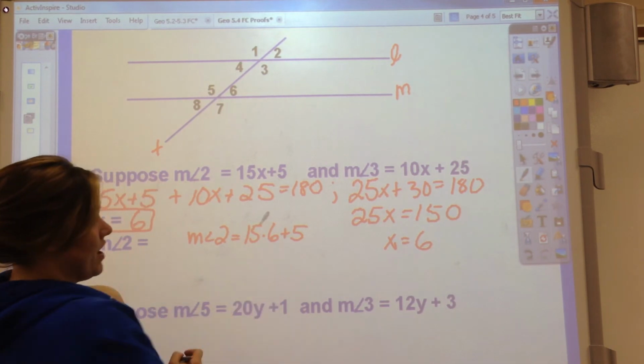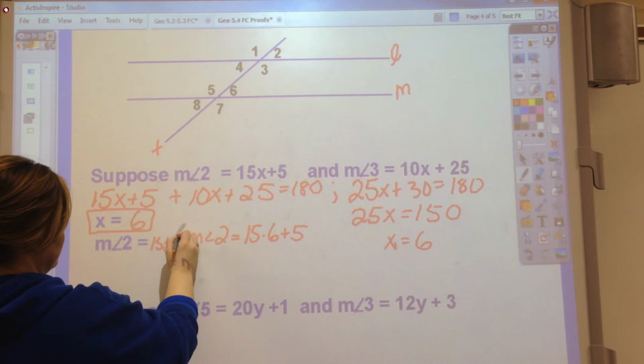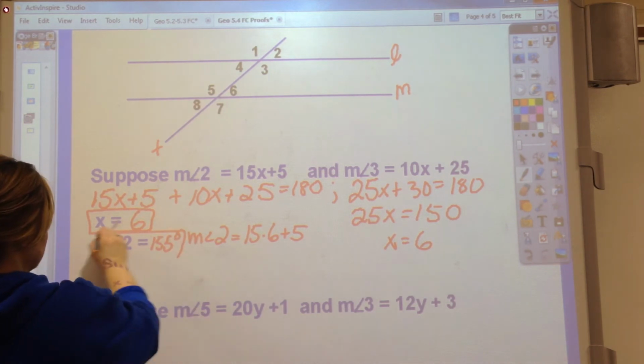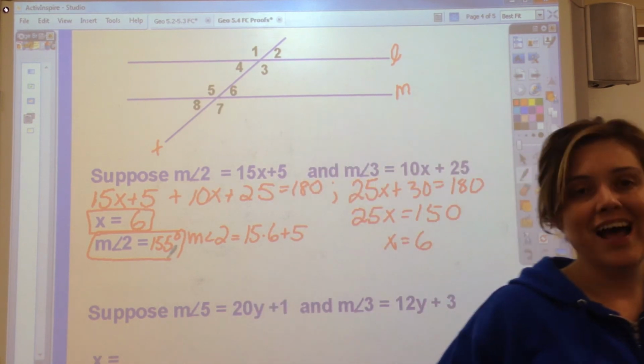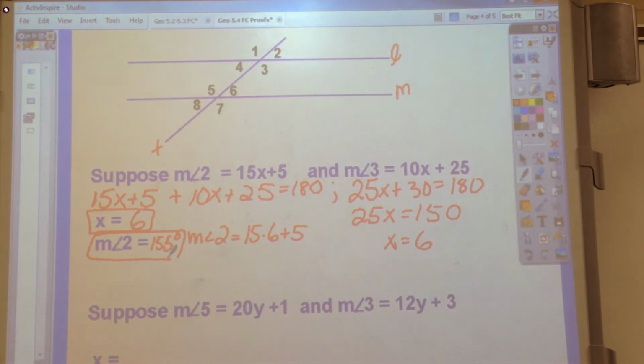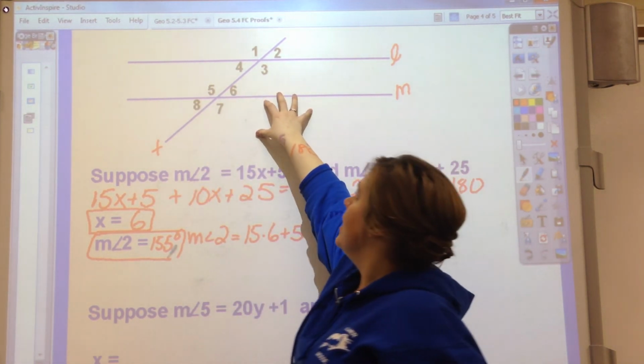And that would give me my 150 plus 5, which is 155 degrees. Now notice that measure of angle 2 doesn't look like it's 155 degrees. That often happens, and we have to rely on our algebra, not on what the figure shows us.